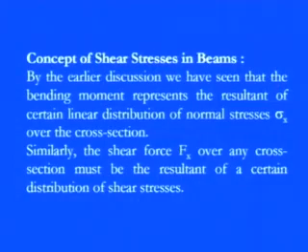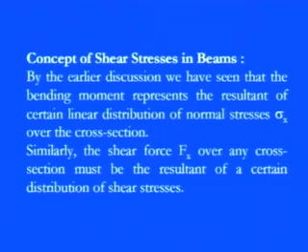Now we focused on uniform and non-uniform bending. Now our focus is on the shear stresses in the beam. From the earlier discussion, we found that the bending moment represents the resultant of a certain linear distribution of the normal stresses sigma x over the cross section: the upper fibers have tensile stresses, one form of normal stress, and the lower fibers have compressive stresses, also a form of normal stress.